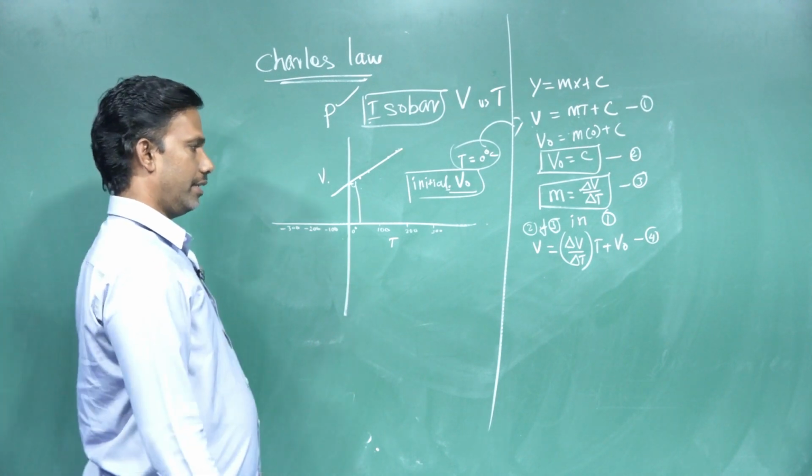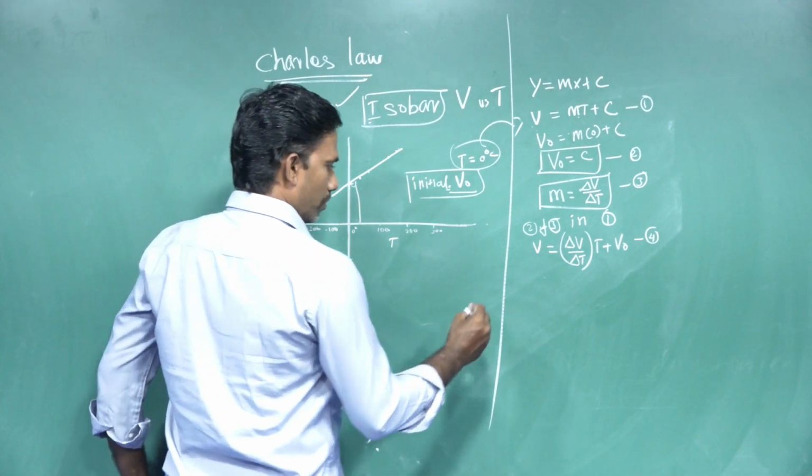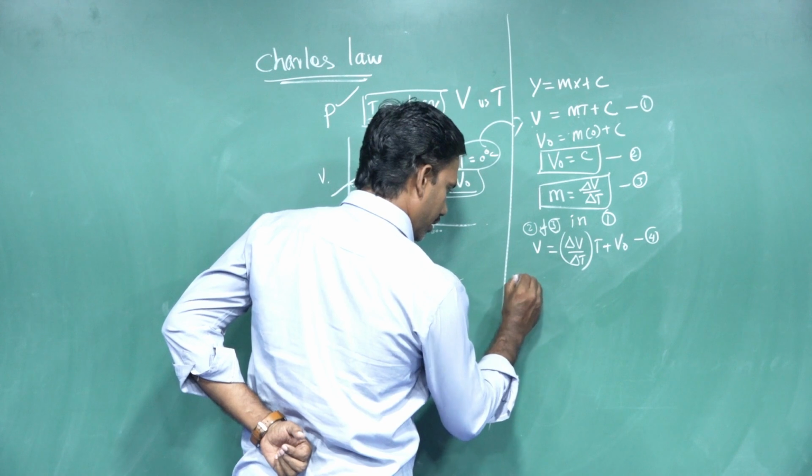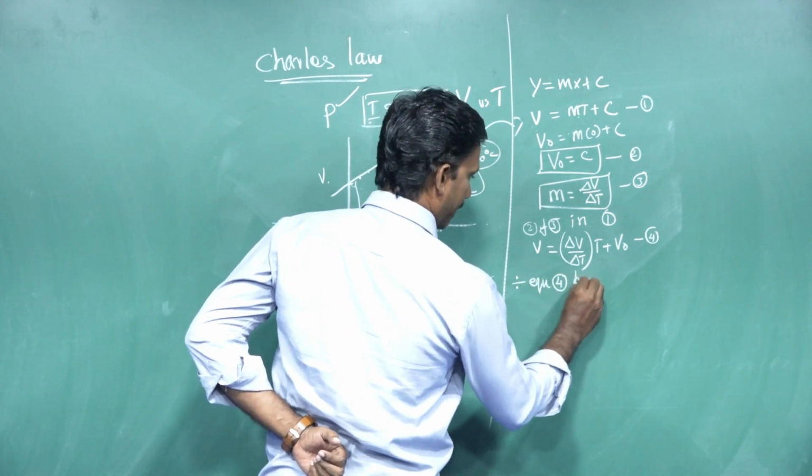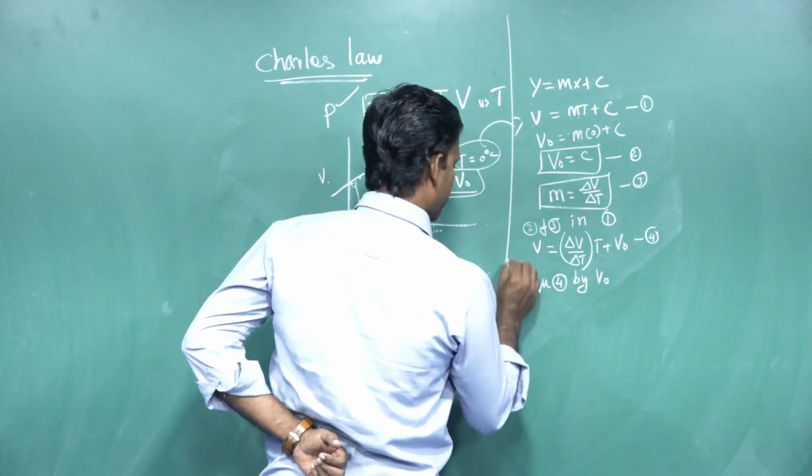Then what to do? Divide equation 4 by V0.